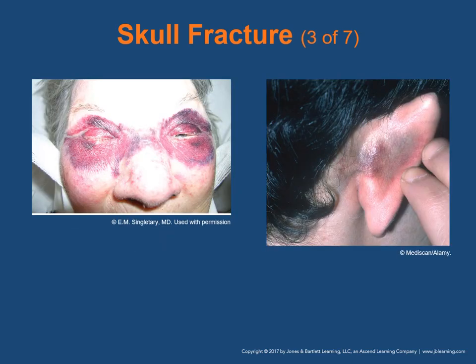These figures show ecchymosis under the eyes in figure A, which is on the left, and behind one ear in B, which is the image on the right, and that's a result of a skull fracture.